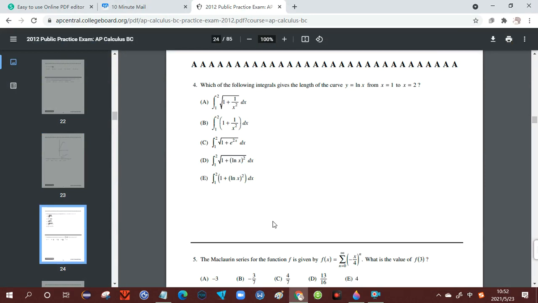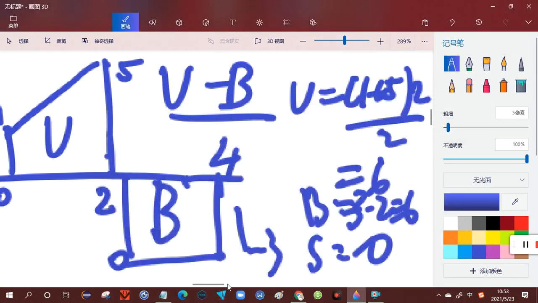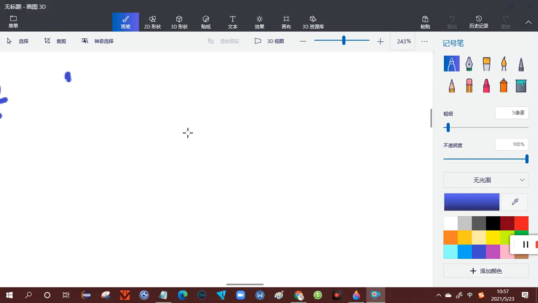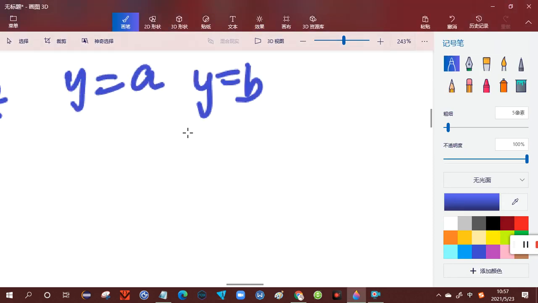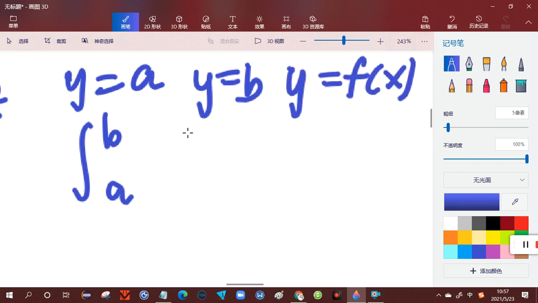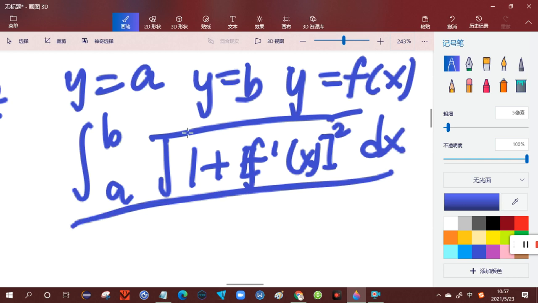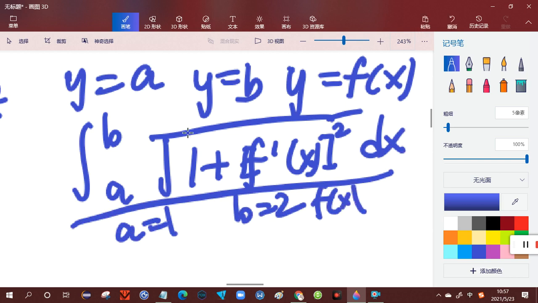The formula for the length of a curve starting from y equals a and ending at b, for the equation y equals f(x), is the integral of the square root of 1 plus f'(x) squared. Here a is equal to 1, b is equal to 2, and f(x) is equivalent to ln x.